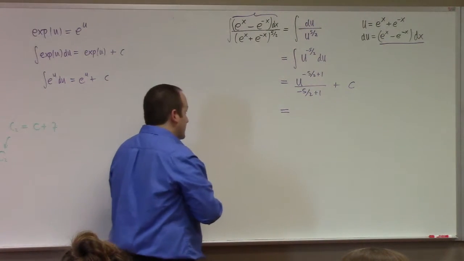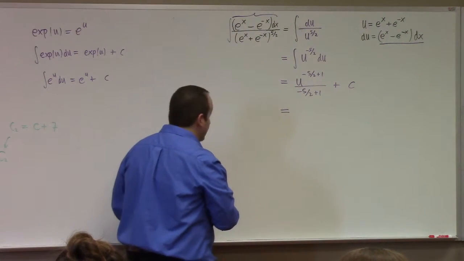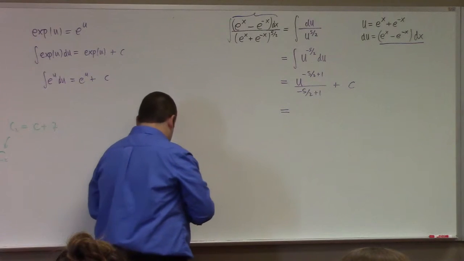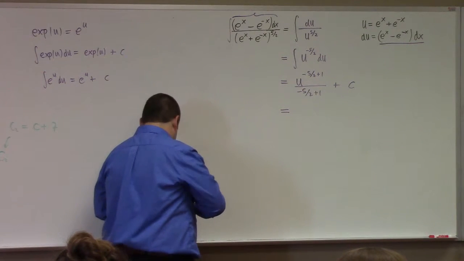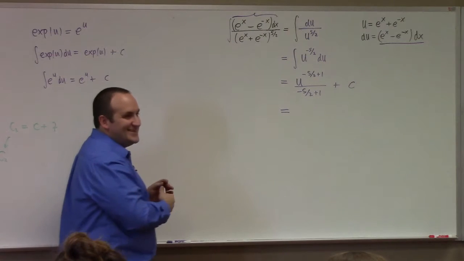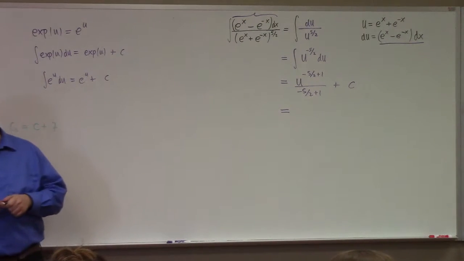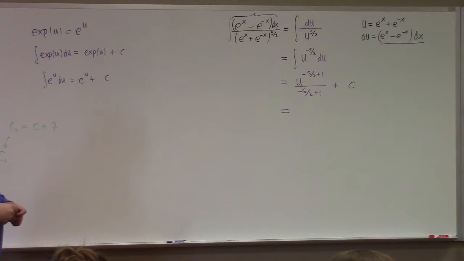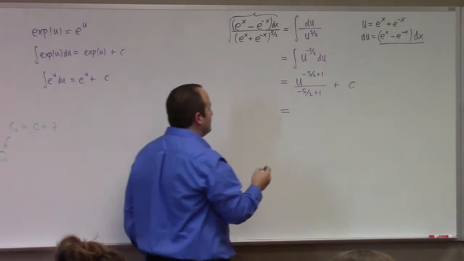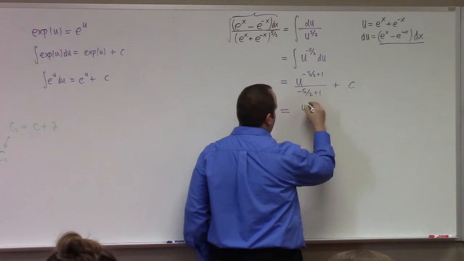I do want you guys to do that kind of arithmetic. Please do not leave your answer as minus 5/2 plus 1. This will make me sad if you do this. Minus 5/2 plus 1 is what? Minus 3/2, right? So this is u to the minus 3/2.